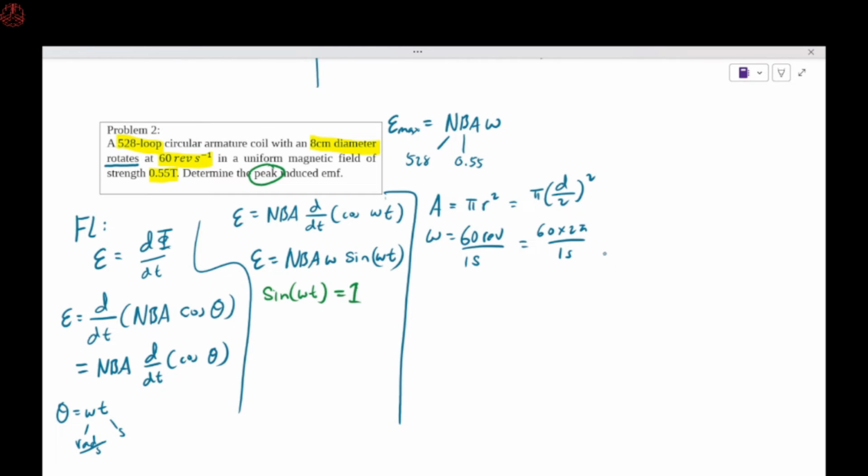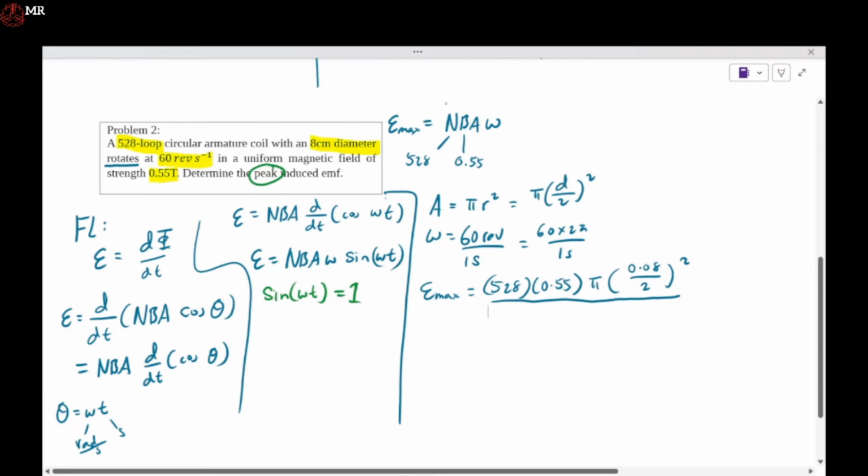Okay, so when I substitute all those values, I will have epsilon max equals 528 times 0.55, times pi, times my diameter, which is 0.08 divided by 2, and that is squared. Oh no, there's no division.